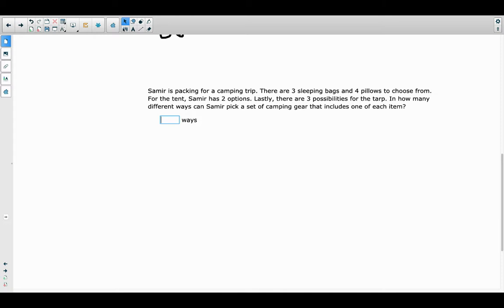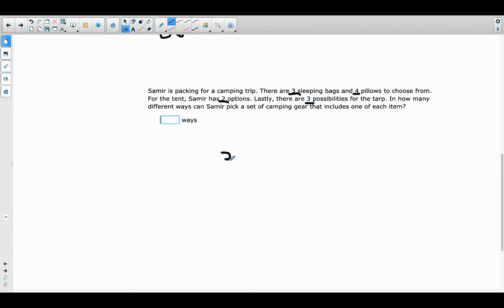He's going camping. There are 3 sleeping bags, 4 pillows, and 2 different types of tent, and 3 different types of tarps. So we're dealing with 4 different things. We have 3 sleeping bags, 4 pillows, 2 tents, and 3 tarps.